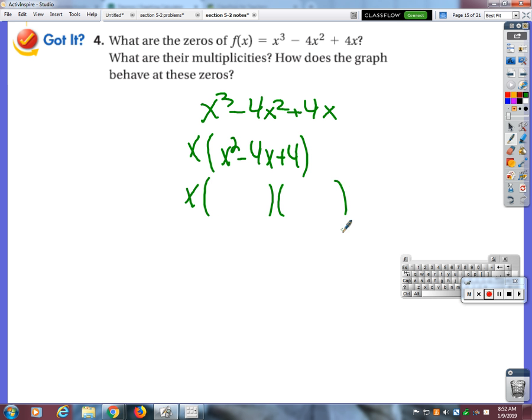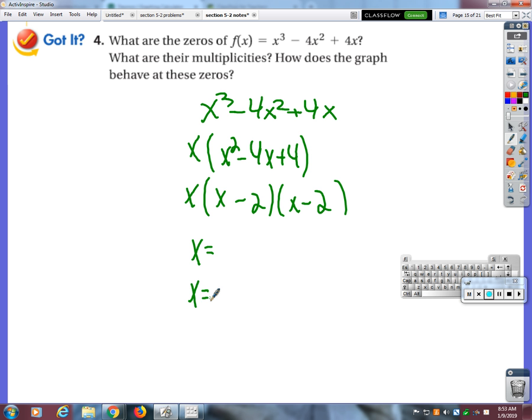So I need two numbers that multiply together to be positive 4 and add to be negative 4. Those would be negative 2 and negative 2. And so since that comes up twice, that means that 0 has a multiplicity of 2 because it came up twice.